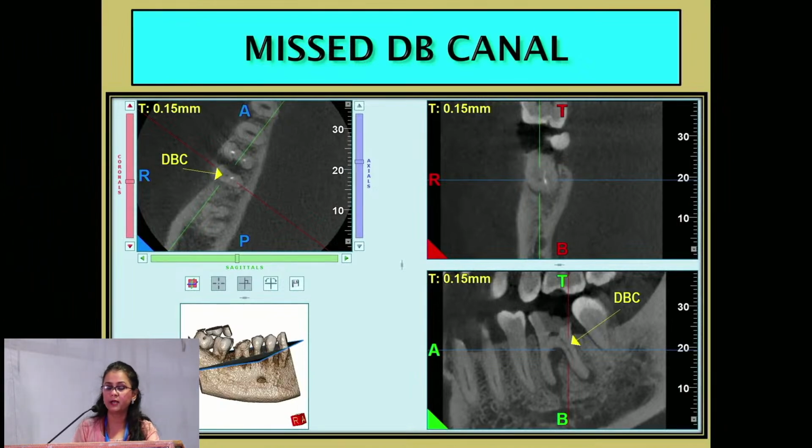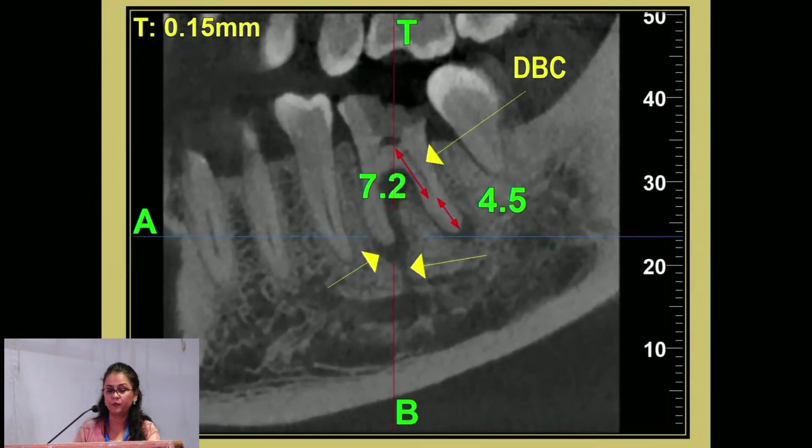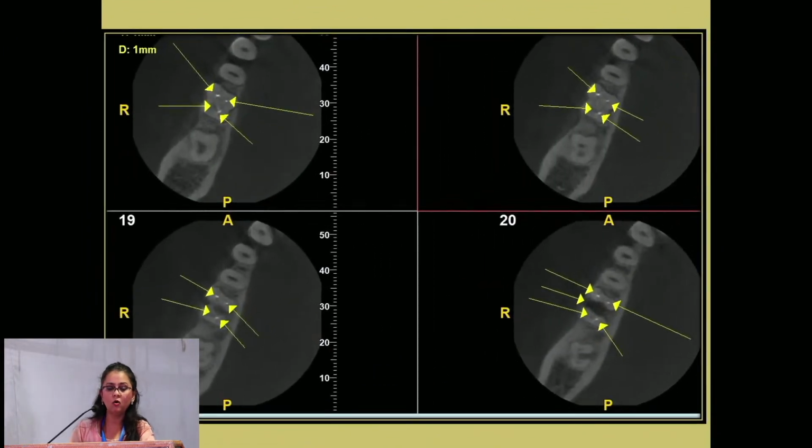You see 2 canals in the mesial root and 2 canals in the distal. 1 canal has been missed out. You can see the endo-perio lesion here. The measurement of the canal length is also done here. This is how the missed canal can be evaluated best, on an axial section, on a high resolution.